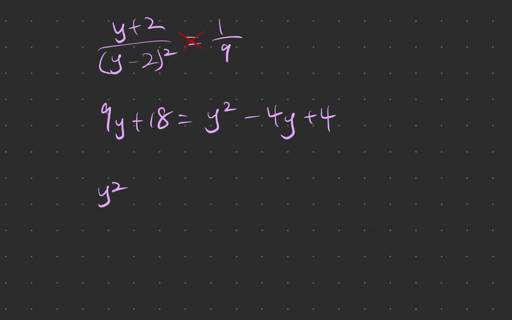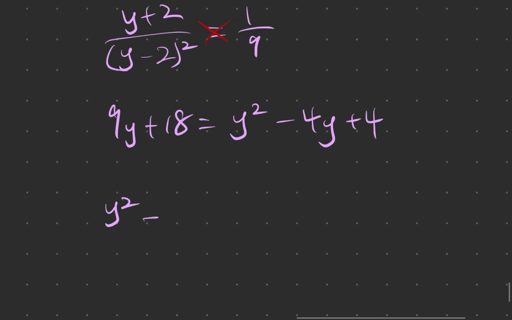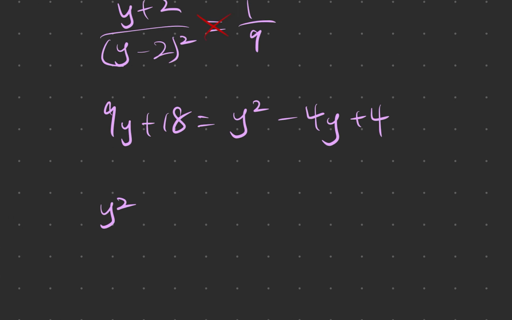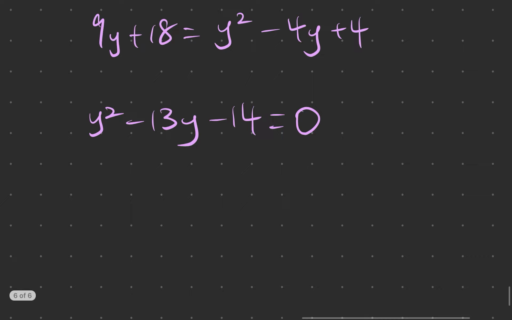So y squared minus 13y minus 14 equals 0. Okay, that's what we got. So we can use our quadratic formula to help us out and work things out again.